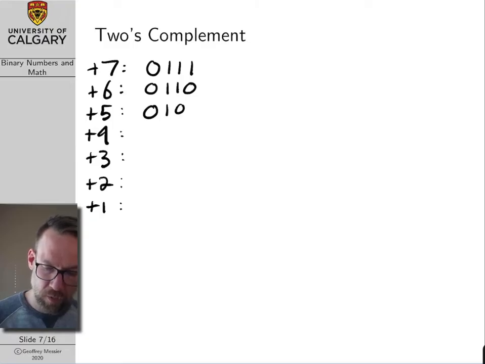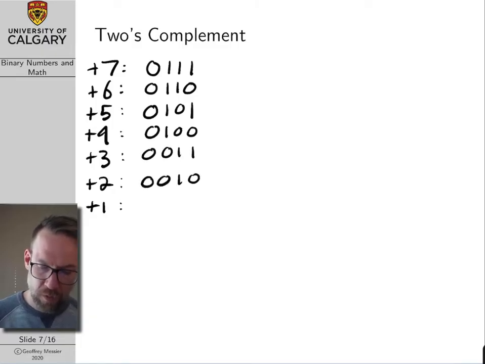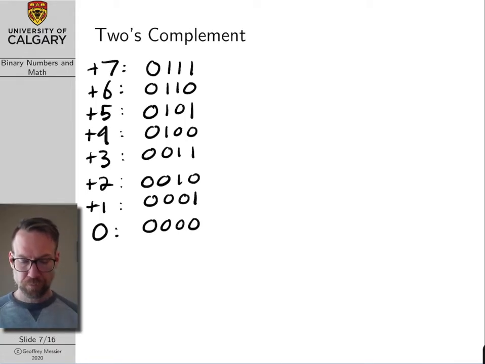0, 1, 0, 1, 0, 1, 0, 0, 0, 0, 1, 1, 0, 0, 1, 0, 0, 0, 0, 1. And as promised, we have only one value for 0, and that's equal to 0, 0, 0, 0. So far so good. I think that this is pretty intuitive.